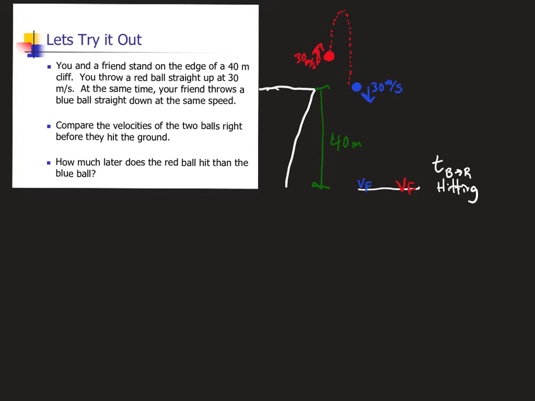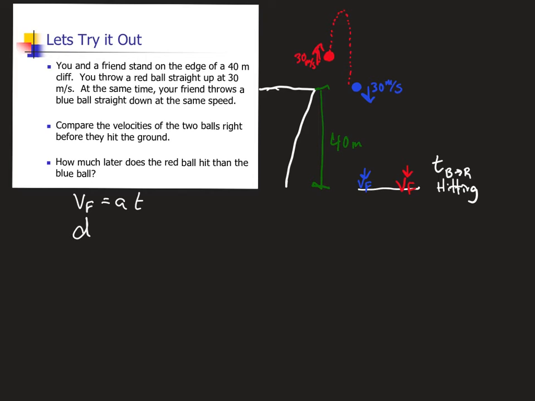We have initial velocities. We have a distance. What we're solving for is the final velocity. We might not be able to use the equations that we had earlier, v sub f equals at, because we don't have time.